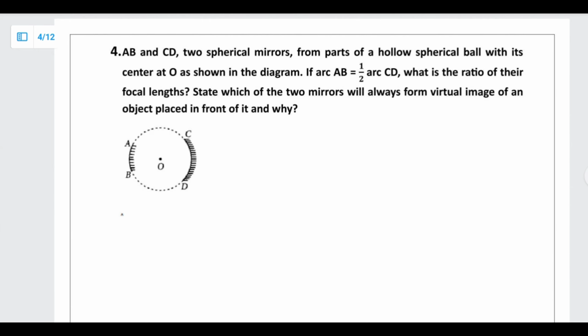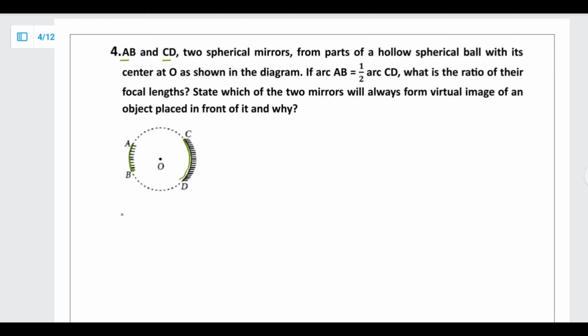The next question. A, B, C, D are two spherical mirrors. You can observe in the diagram, A, B, C, D are two spherical mirrors, forming parts of a hollow spherical ball with its center at O, as shown in the diagram.